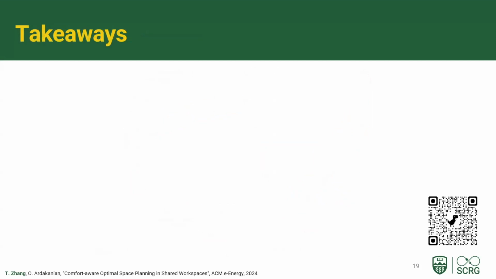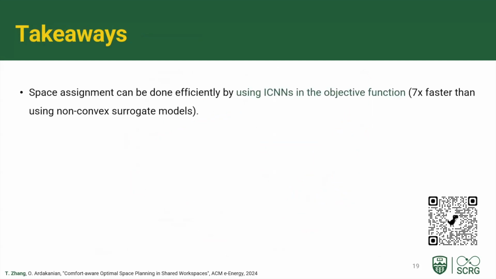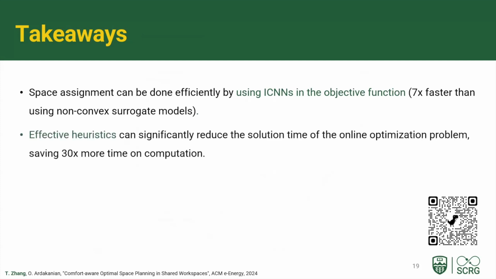And here I will summarize 3 key takeaways from this presentation. The first one is that space assignments can be done efficiently by using input convex neural networks, which gives a 7 times faster solving time compared to non-convex surrogate models. The second key takeaway is that the heuristics are helpful because they can solve the problem with a similar result as the online optimization problem, while taking 30 times less time.